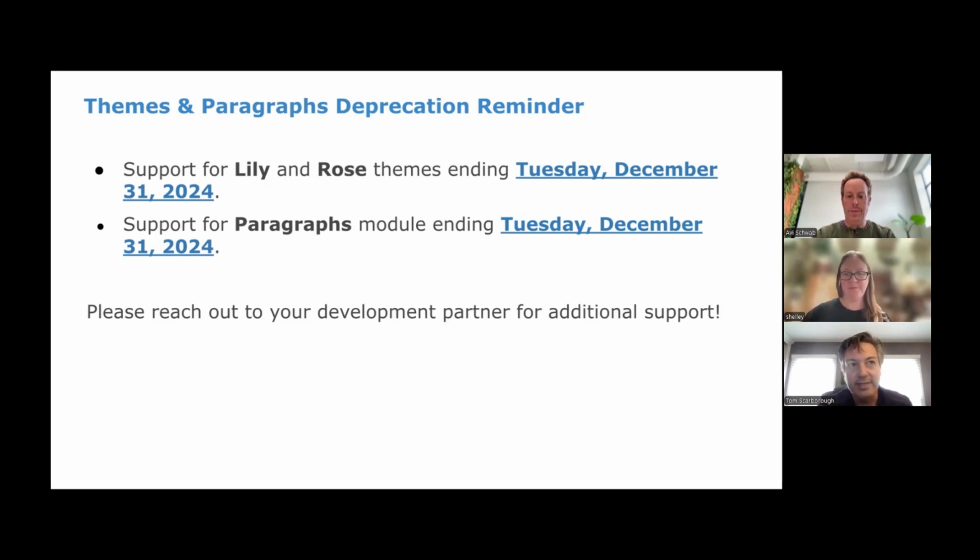It merely means that no additional functionality updates or security patches are going to be released. So, as you see in the chat, the modules are still available for use, but just know that there'll be no enhancements made to them. But that code will never be pulled from the site. So please work with your partners to plan any kind of migrations or changes based around that, but just know it's not a fire drill.